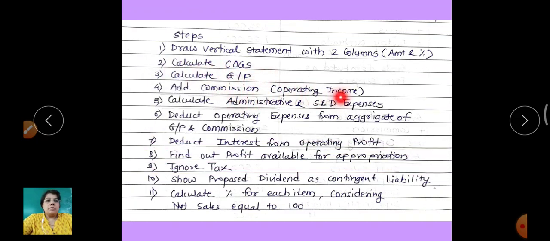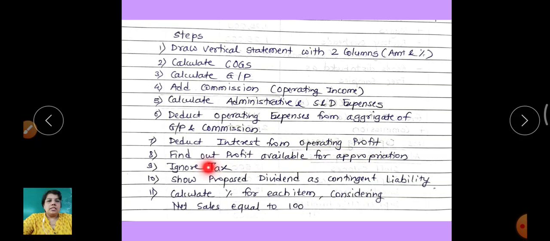We will add the commission to the gross profit because it is part of operating income, and further we will deduct the operating expenses. Before that, we have to take the subtotals of administrative and selling and distribution expenses. After deducting these operating expenses, we will get the operating profit. From this operating profit, we have to deduct the interest.